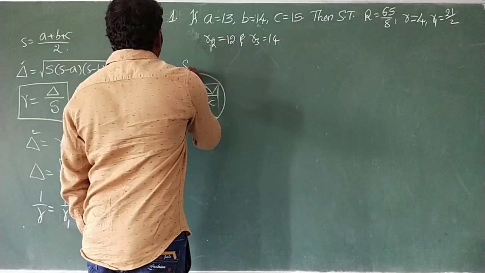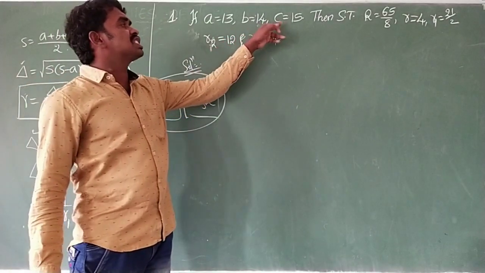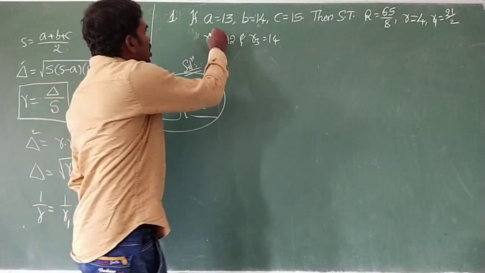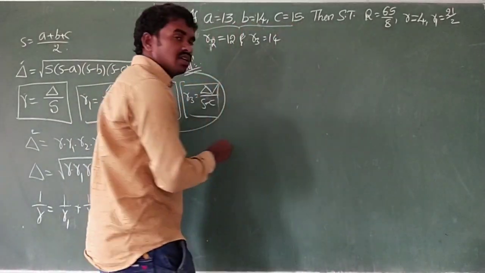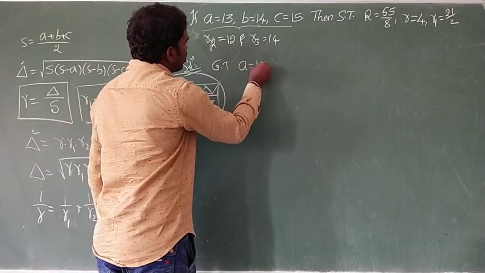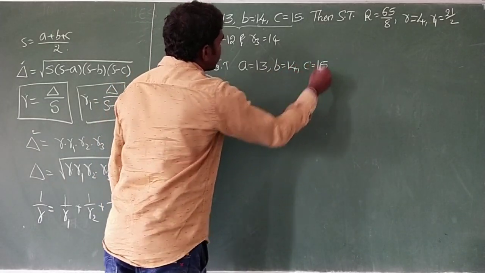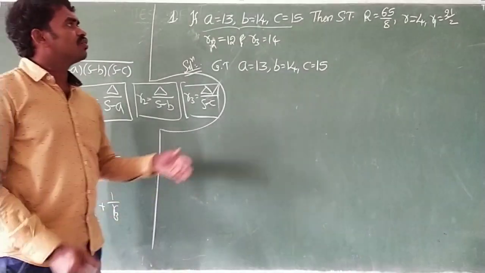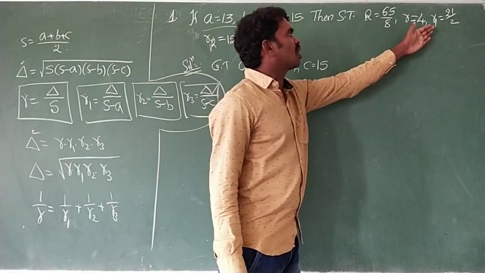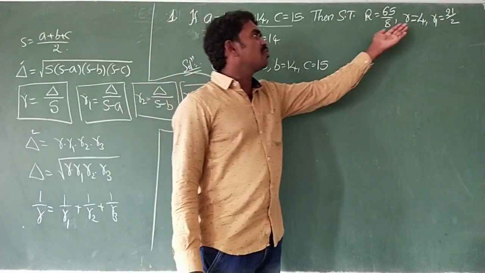Okay, solution. See, a, b and c values are given, so write down immediately. Given that small a equals 13, small b equals 14, small c equals 15. And what we have to prove? We should prove the values of small r, r1, r2, r3, and capital R. Small r means what?